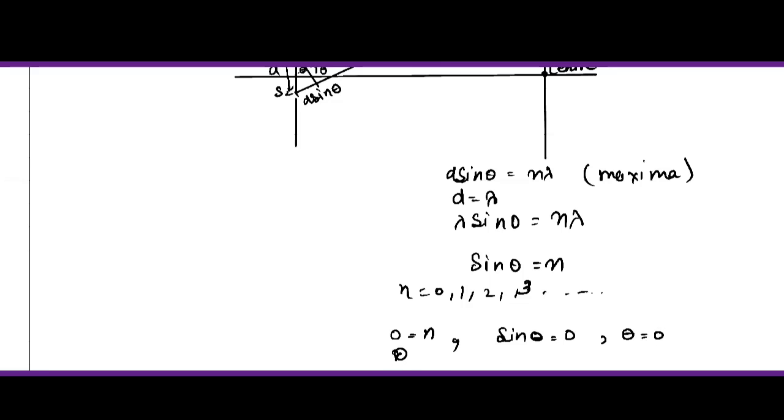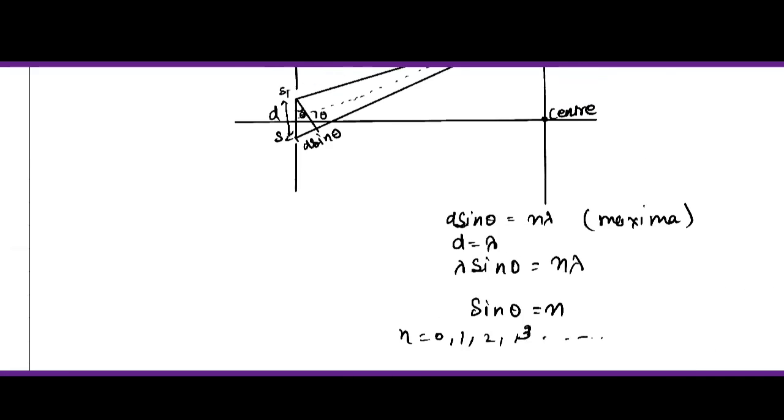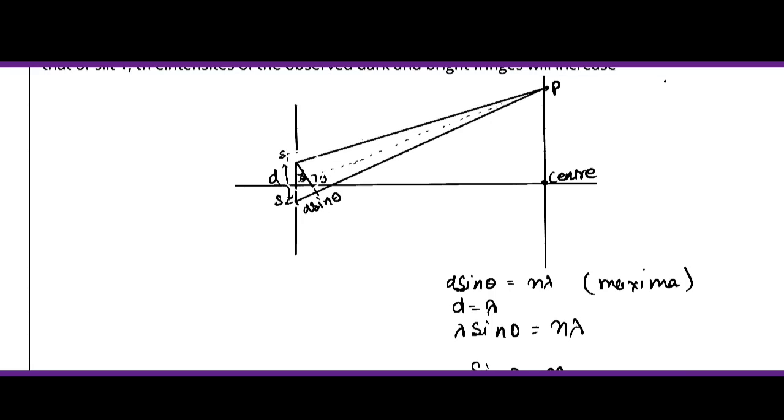If n equals 1, then sin theta is equal to 1, meaning theta equals 90. If theta equals 90, the lines are parallel to the slits, so it is impossible in a real case.